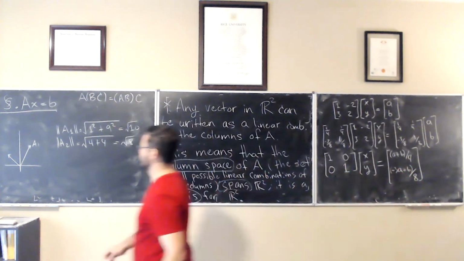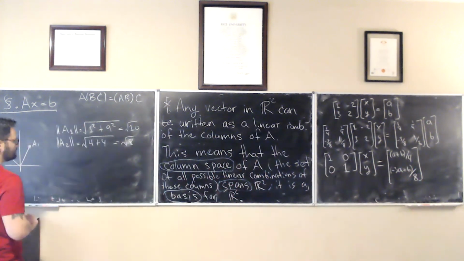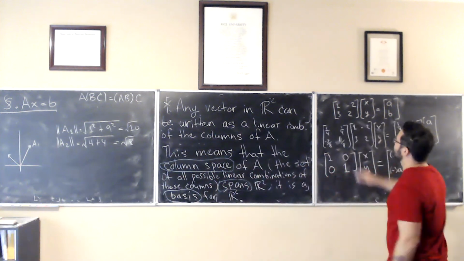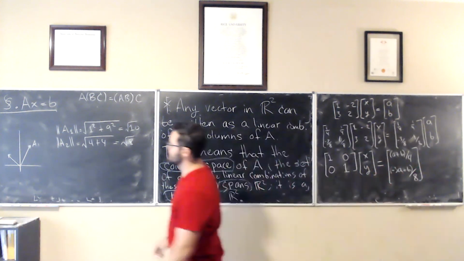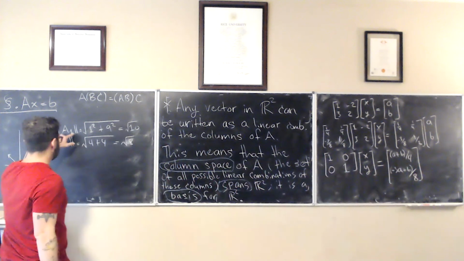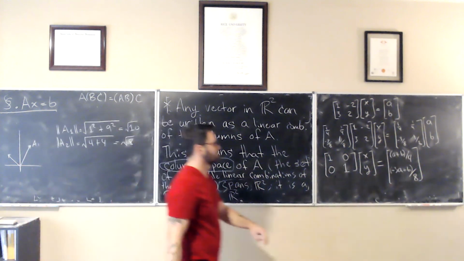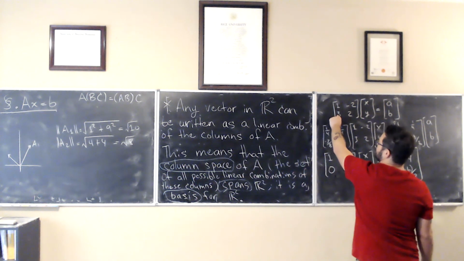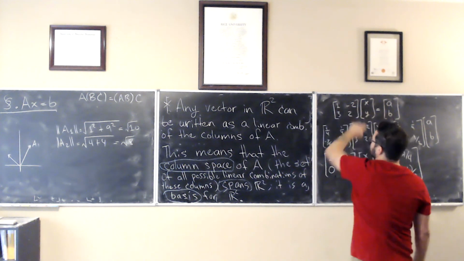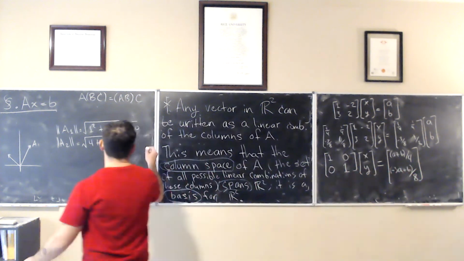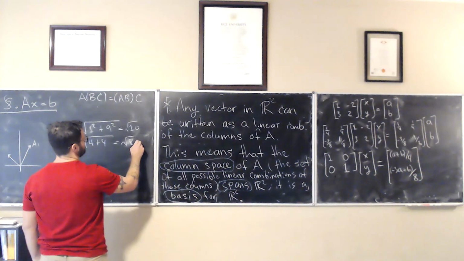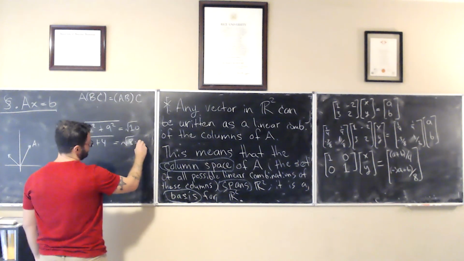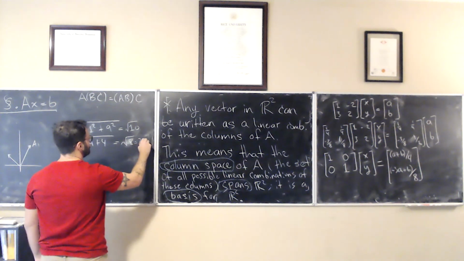I'm going to normalize these column vectors. And you normalize a vector by dividing by the norm. So this will be 1 over root 10, 3 over root 10. This will be negative 2 over root 8. It might be beneficial to write this as 2 root 2, just because it might divide out easier.